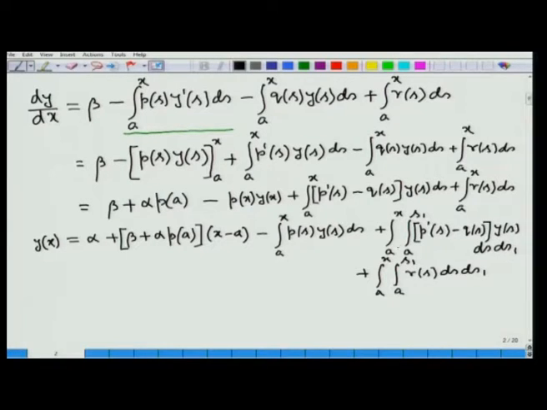Now, in the last two integrals, we have to apply the generalized replacement formula.